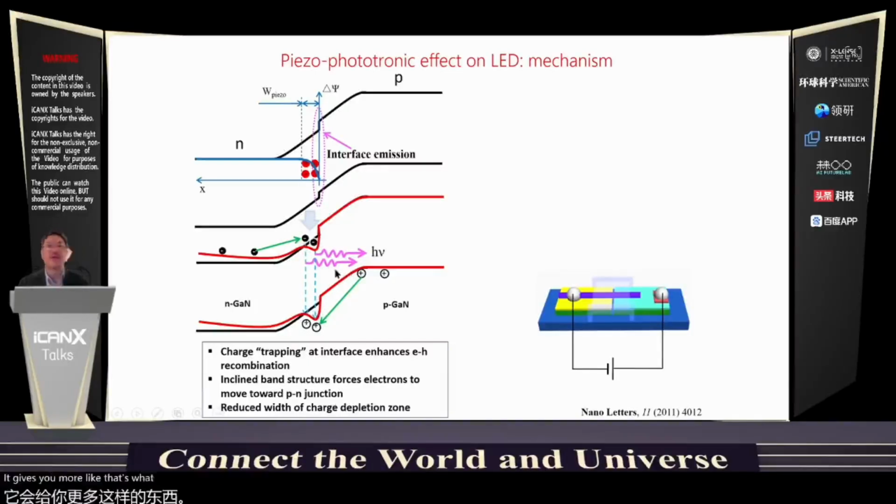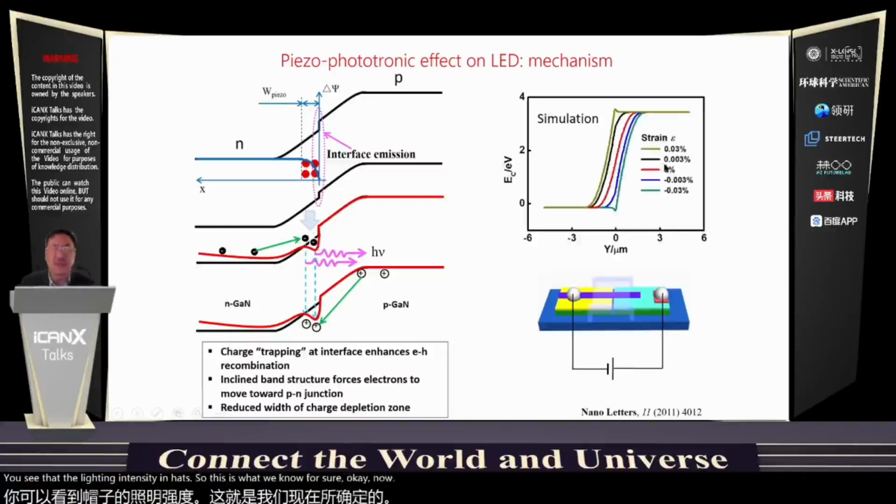That's what we see. If you apply mechanical strain, you see the lighting intensity enhances. So this is what we know for sure. Okay. Now, besides this, theoretically, we also found, through numerical calculation, that not only this little trap exists, but also the depletion zone can shift to the right hand side or left hand side, depending on the sign of the strain you apply.